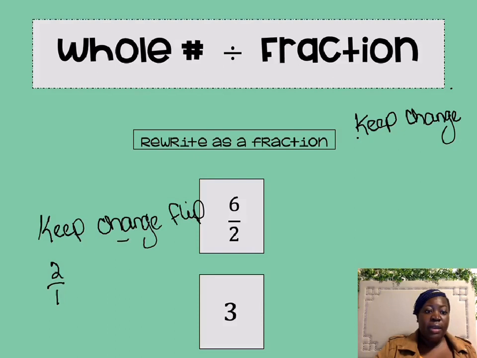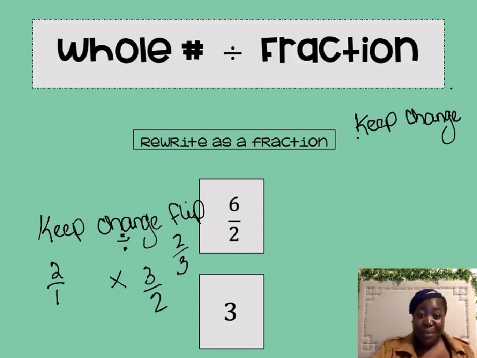The sign was the division sign. Change it to a multiplication sign, and then you are going to flip the fraction that's on the right, and that will be 3/2. Oops, that should be 2/3. And now you can see that now you can multiply. Division is the inverse of multiplication.